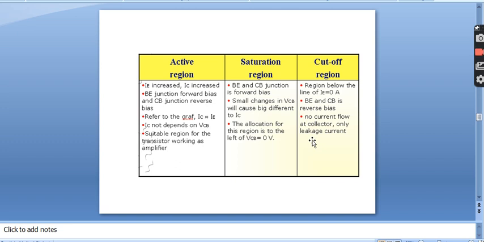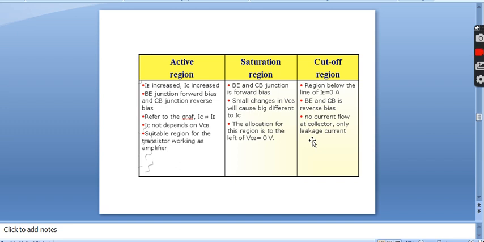Next go for the third region, the cutoff region. The cutoff region means the region below the line of IE equal to 0 amperes, where the input current, the emitter current IE, is equal to 0. Below this IE equal to 0 region is called the cutoff region.